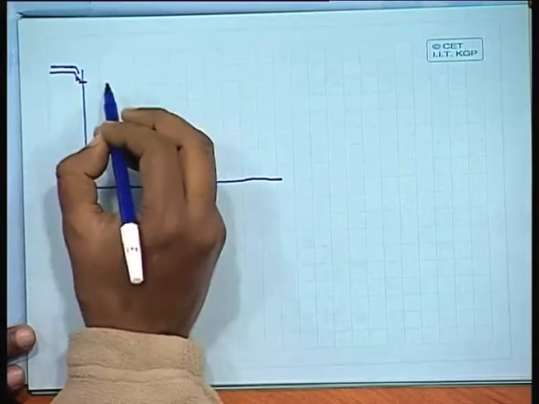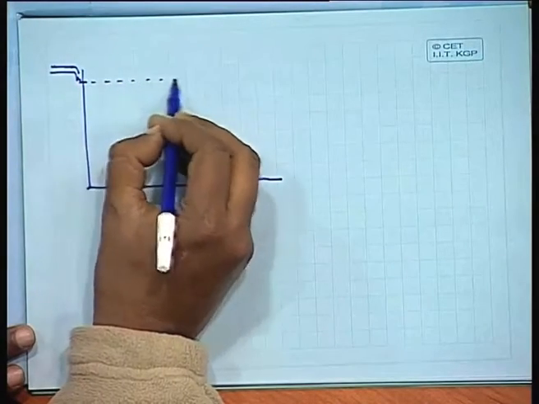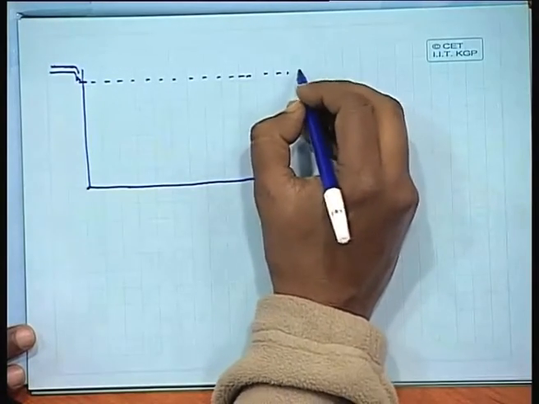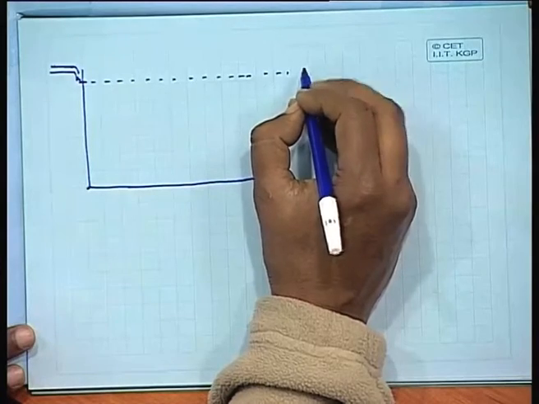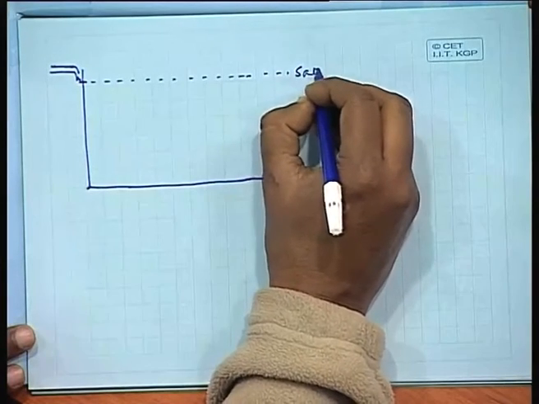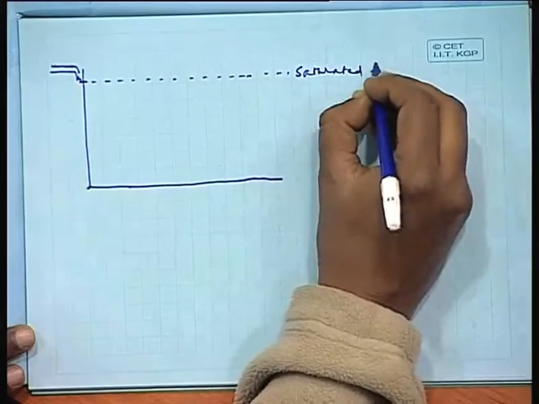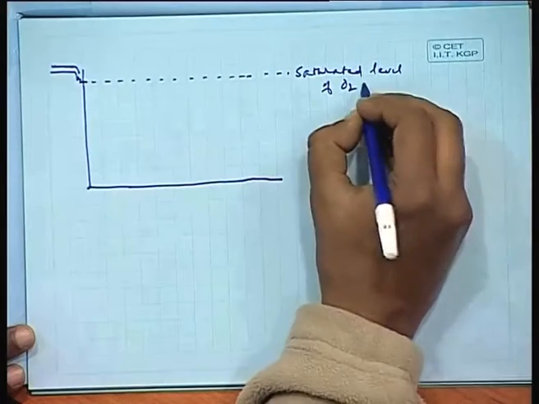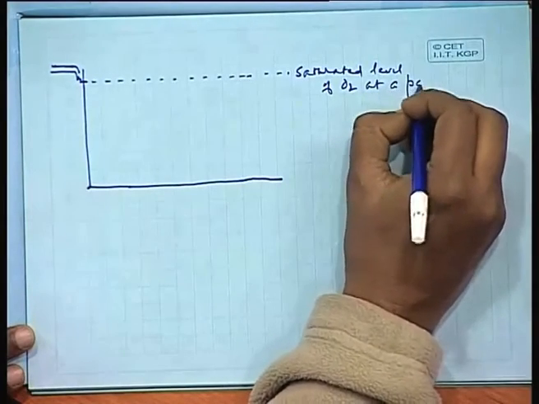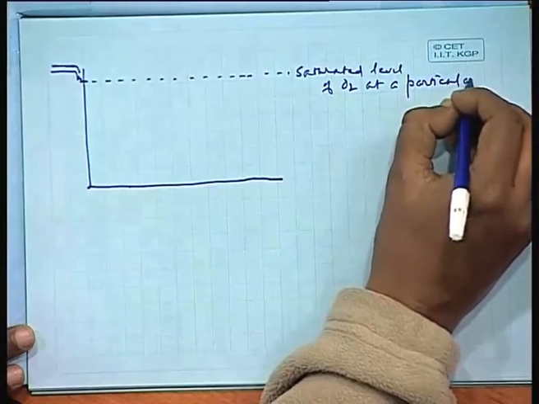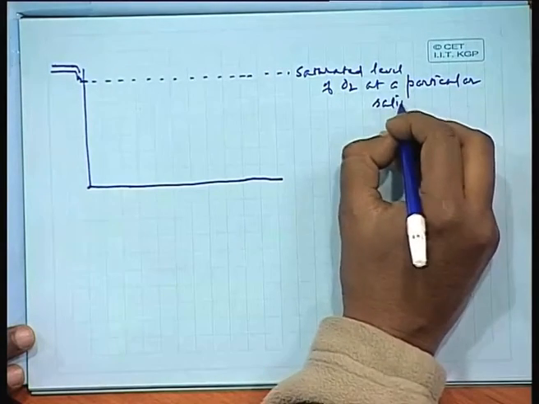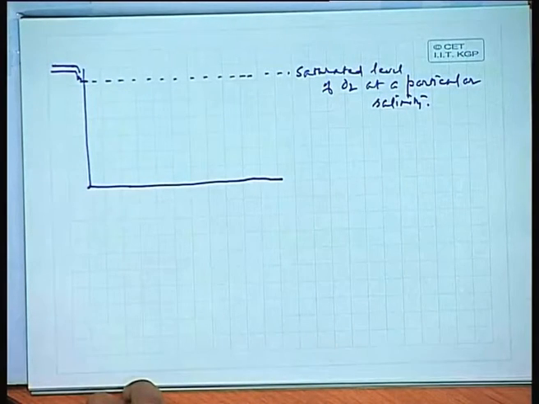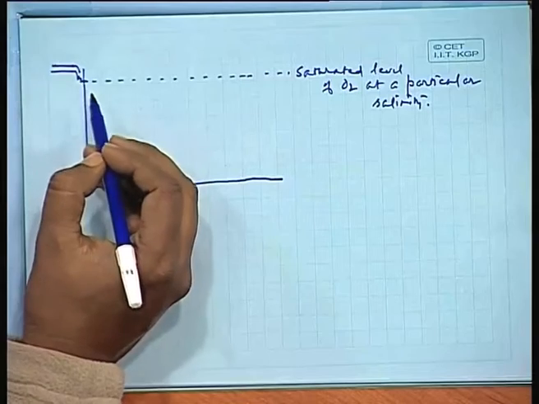Okay. Now here, as you can see, this is the saturated level of oxygen in this water at this particular salinity. This is the water, and the waste has been introduced in it.